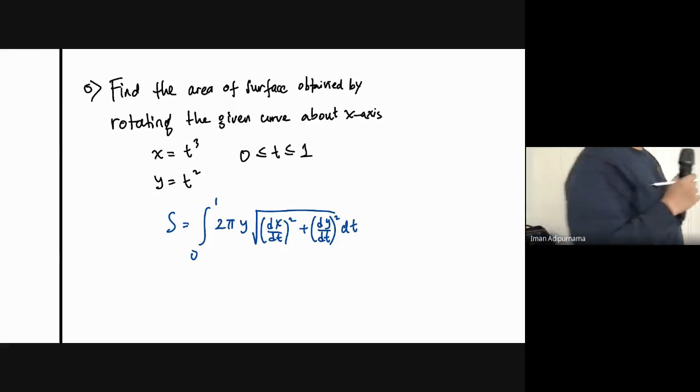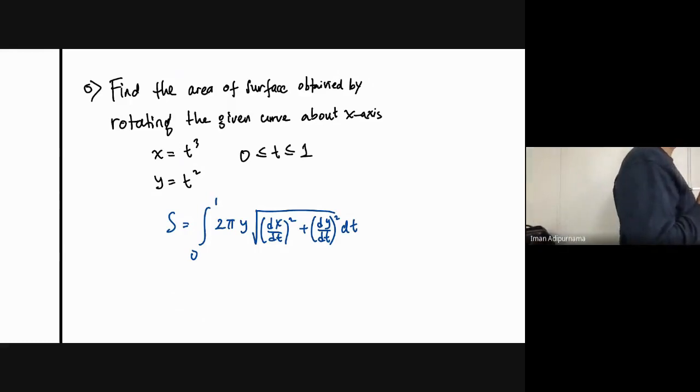The number is not a simple number, I think. But if you find any questions in the exam or my quizzes, usually I will prepare simple calculations for the number.